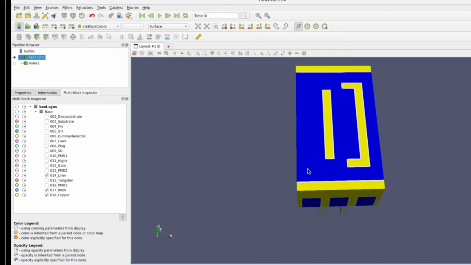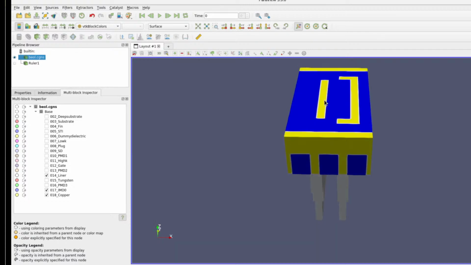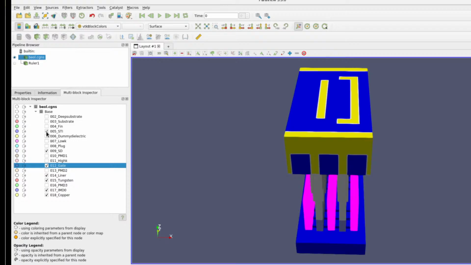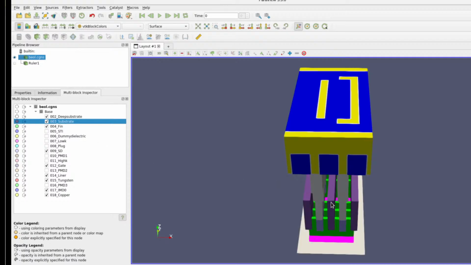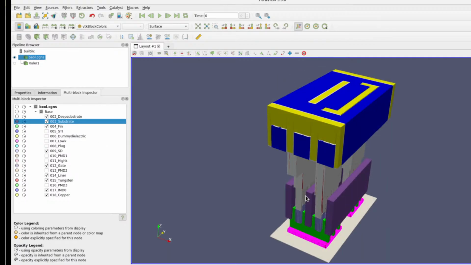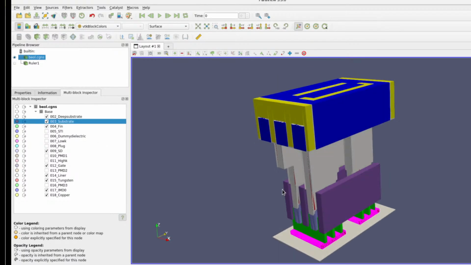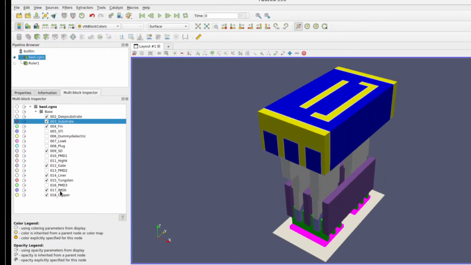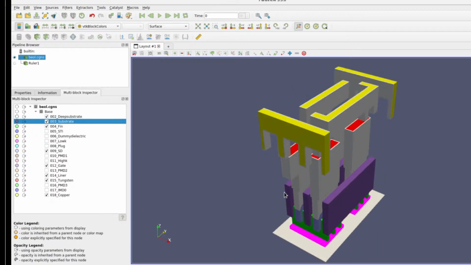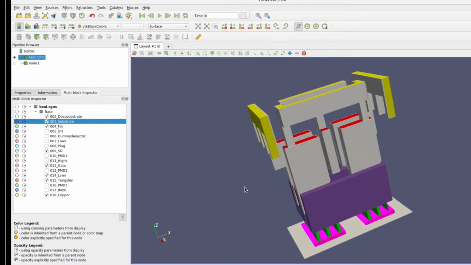So that is the way we make this M1 level. So now we have only silicon structures for semiconductor and metal, and that will be the shape of our entire structure.